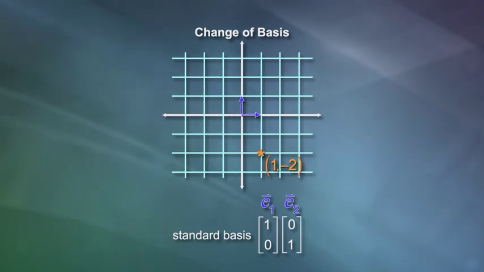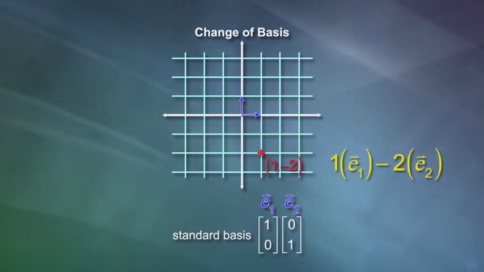For instance, the star point on this diagram is at the point (1, -2) on this grid, which means I march to the right 1 unit and down 2 units. Another way to see what the grid is doing is it is telling me the coefficients of e1 and e2 that I need to produce a given point on the grid. So the star point is 1 times e1 minus 2 times e2.